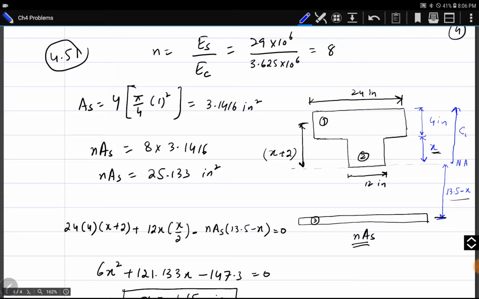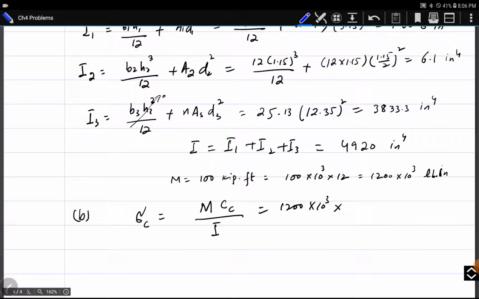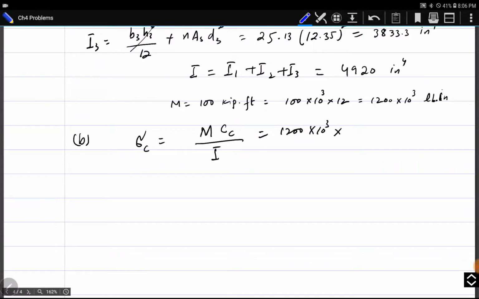C for concrete is x plus 4, it is 5.15, divided by I, which is known to us, 4920. So sigma for concrete, maximum stress in concrete, becomes, and it will be negative actually.